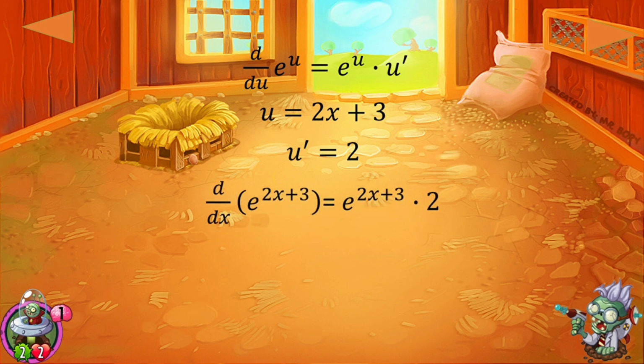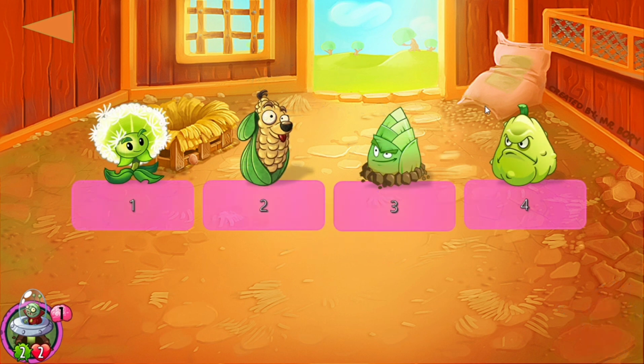Now, the derivative of e raised to the power of 2x plus 3 is equal to e raised to the power of 2x plus 3 times 2. To simplify it, we just bring the 2 to the front. So the answer is 2e raised to the power of 2x plus 3. Now, for the fourth one.